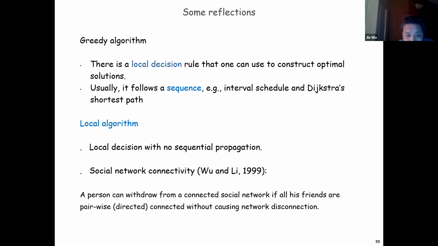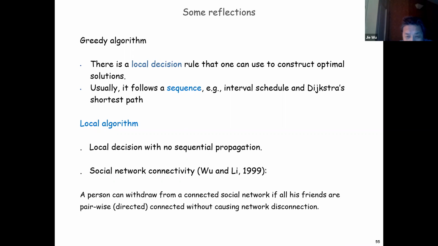But there are some algorithms, some applications, called local decision with no propagation. Then you can do it really locally and very fast and in parallel. This is one of the algorithms I proposed about 21 years ago. It applies to social networks. Just imagine you have lots of friends connected, and you have a Facebook or connection.